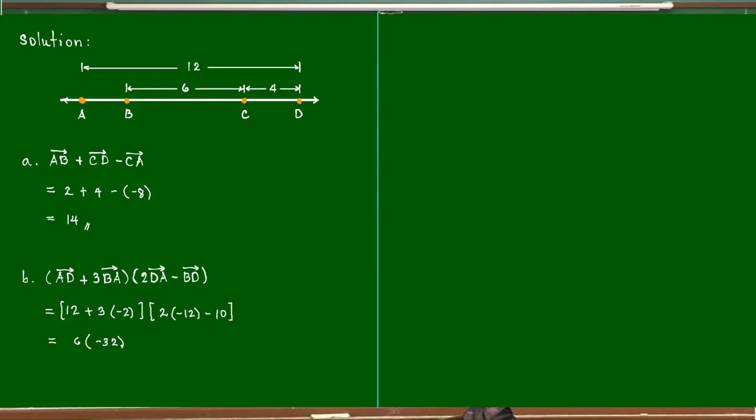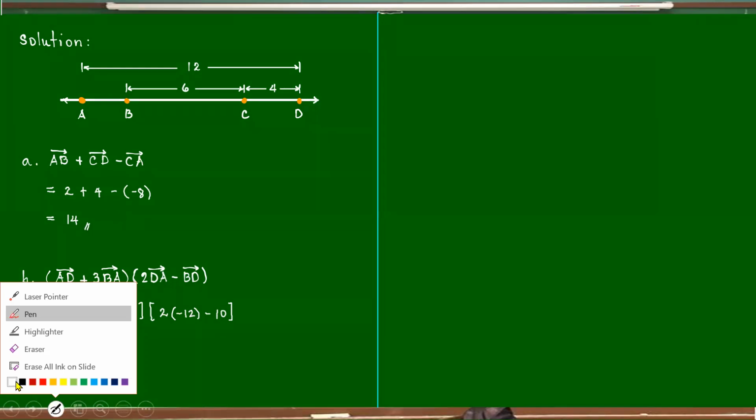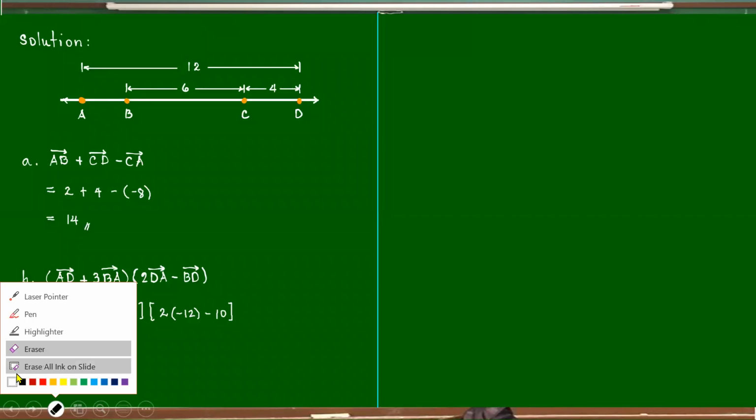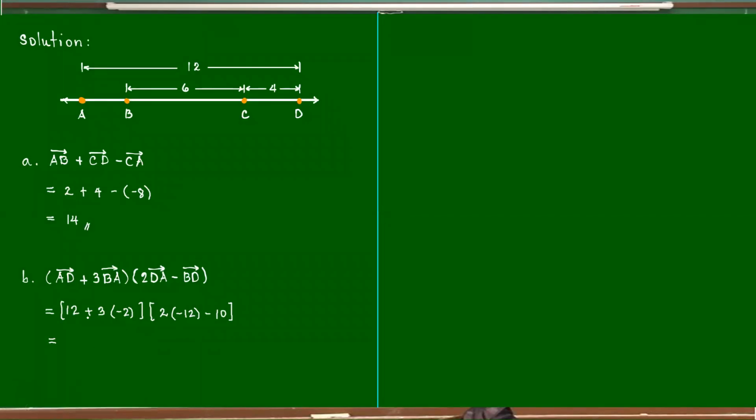Or 20 or 34. So again, the first factor is equal to 6. The second factor is negative 34. 6 times negative 34 is negative what? 204. Am I right, guys? Yes, sir.